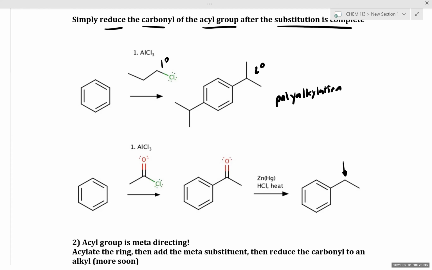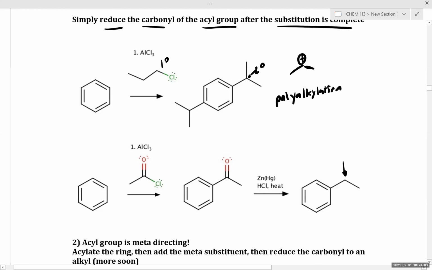So again, this one right here, because it comes from the secondary carbocation, right? So essentially what I'm trying to convey here is that if you react this primary alkyl chloride, it'll rearrange, you'll get a secondary carbocation, and that secondary carbocation is what's reacting.